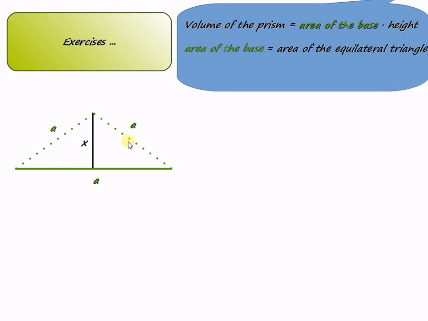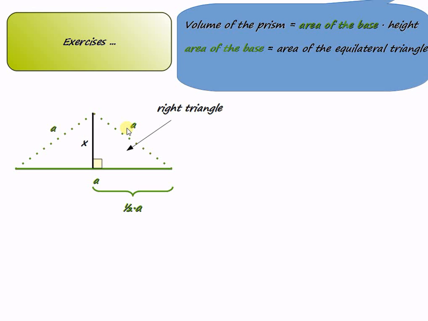Because our triangle is equilateral, the intersection between height x and the base a divides the base into two equal segments, each equal to half of a. But we can say even more. The height divides the triangle into two congruent right triangles. And this is a crucial piece of information, because we would like to work out the unknown variable x and express it in terms of the given a.